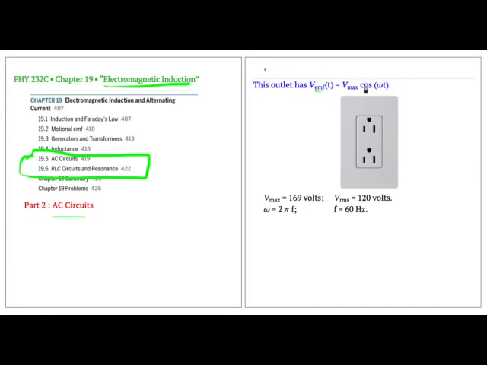Just it has to be a function that alternates or oscillates in time. So the cosine function, let's take as an example, varies between +1 and -1. And so the electromotive force between these two terminals varies between plus V max and minus V max. Now, in the US, V max is 169 volts.